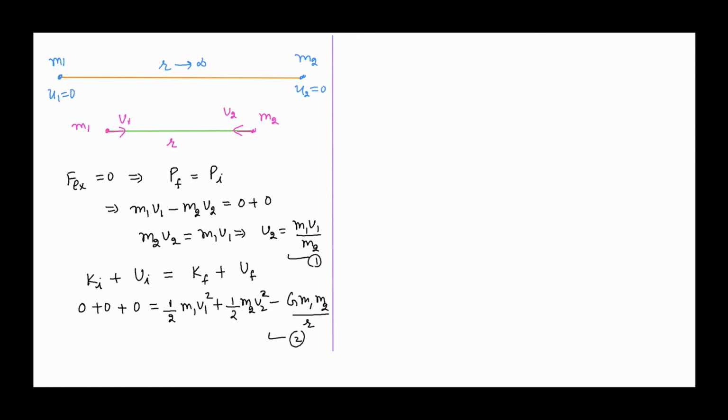So you can say that from equation 1 and 2, I put value of v2 in this equation. I will get half m1 v1 square plus half m2, in place of v2, I can write down m1 v1 by m2. So v2 square, so it will be whole square, minus G m1 m2 by r is equal to 0.